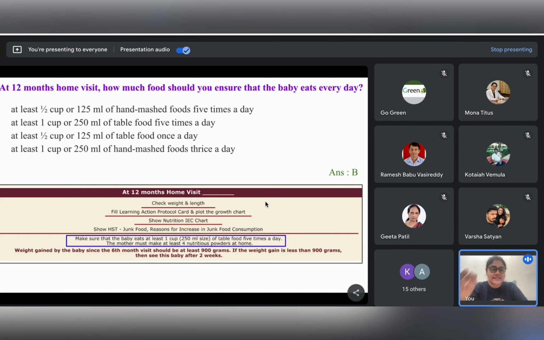So it is very significant that from the initiation of complementary feeding, the child's growth pattern will be advantageously impacted. Since the child is having breast milk and different kinds of food groups, the child is definitely supposed to gain weight accordingly. So it is very important that proper weight gain is noticed, and if it is not, then specific steps need to be taken to educate the mother accordingly.